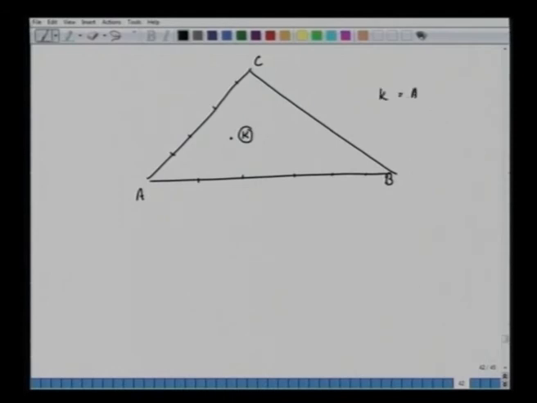Take a general example of A, B and C here, an equilateral triangle. We have this graph labeled for A, B, C, and we choose an arbitrary position K. If we are asked to find out what is A, B and C in this case, what should be the representation?